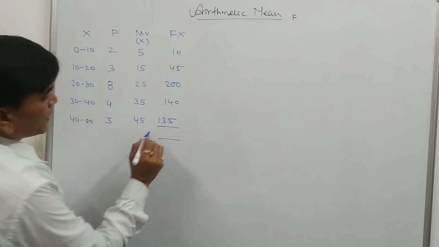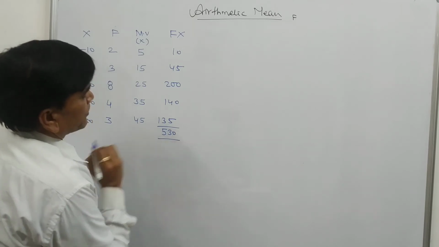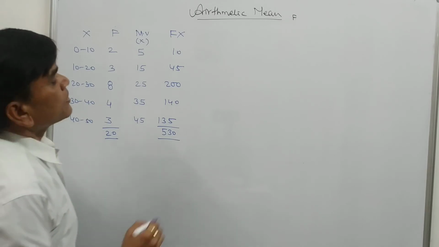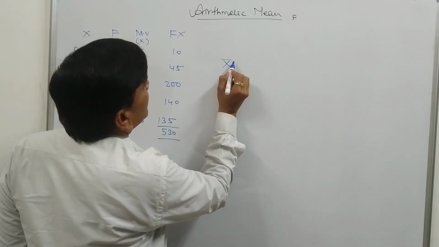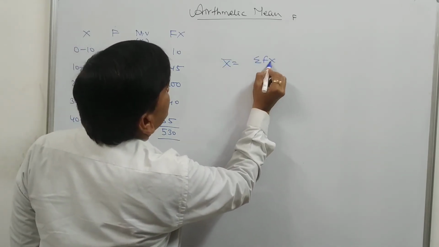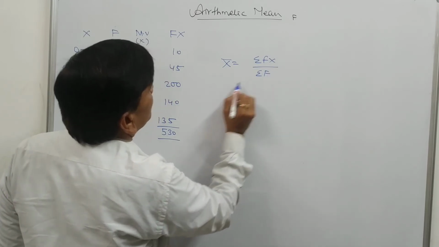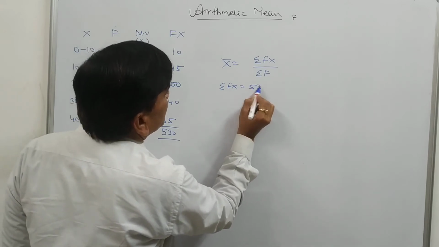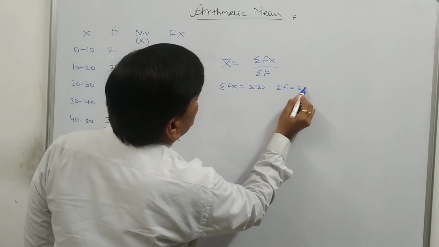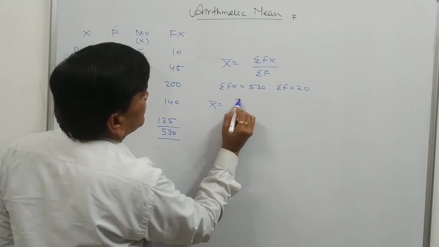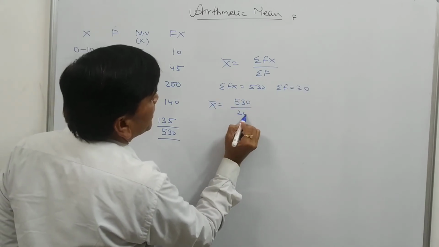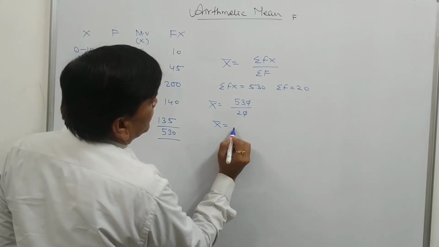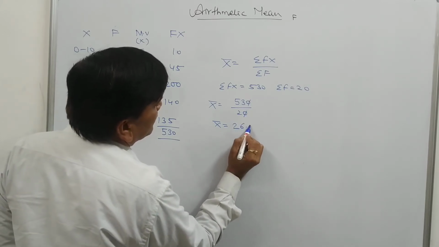The addition is 530 and the addition of frequency is 20. So in the direct method, arithmetic mean x bar is equal to sigma fx divided by sigma f. So sigma fx value is 530 and sigma f value is equal to 20. So x bar is equal to 530 divided by 20. So the value of x bar is 26.5.